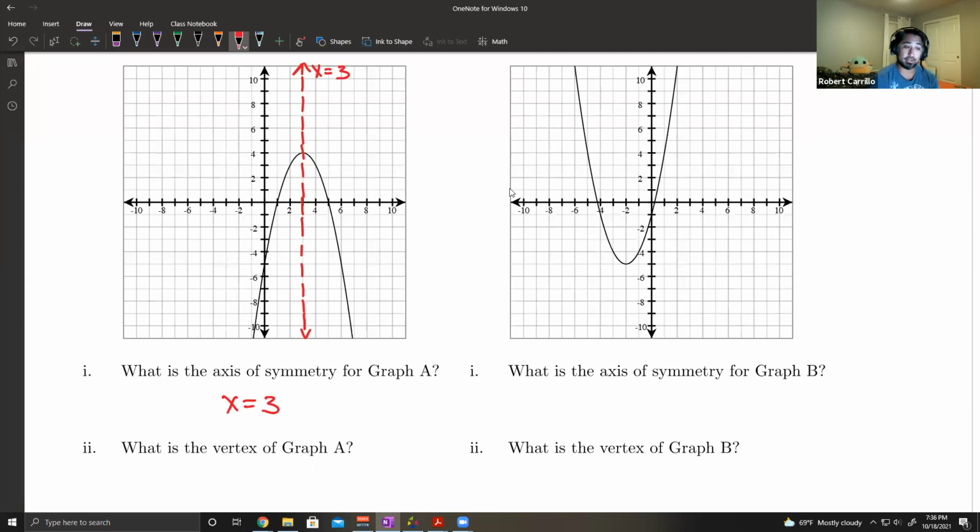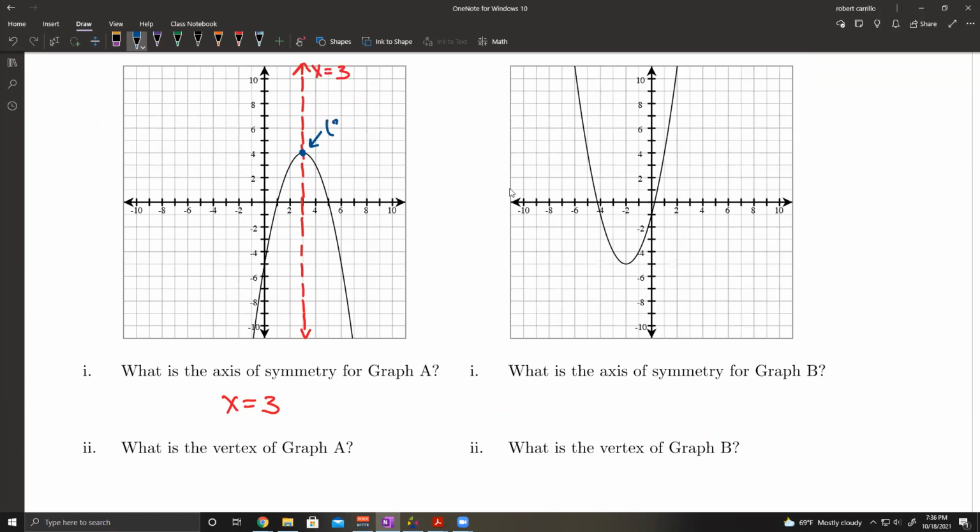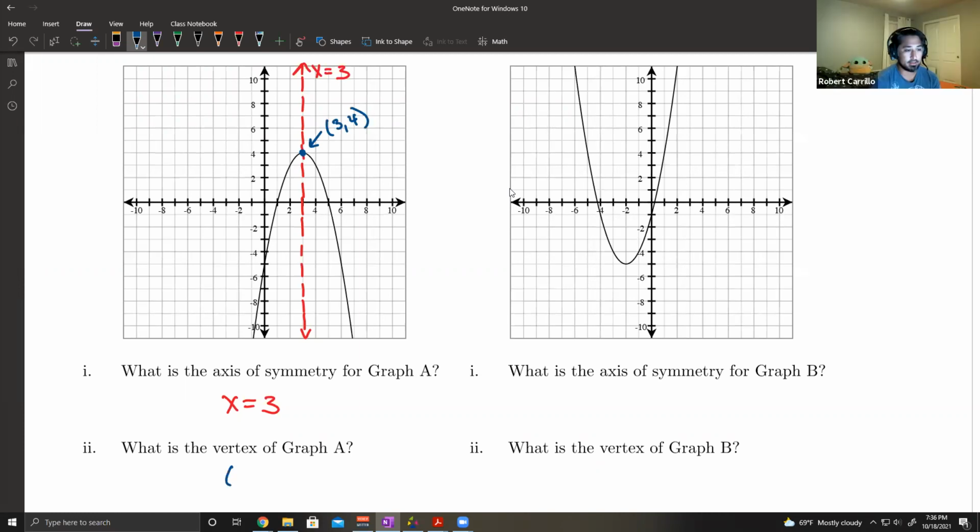And then the next question says, what is the vertex of this graph? Remember, the vertex is the main point, that middle point on our parabola. What are the coordinates? 3 and 4. Good. 3, comma, 4. So our vertex is 3, comma, 4.